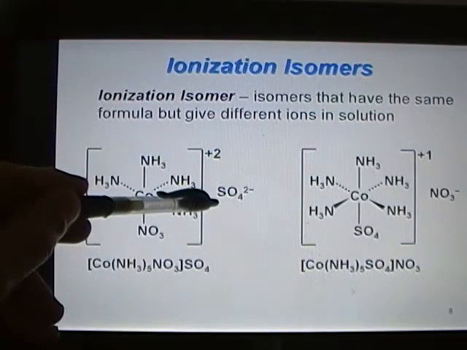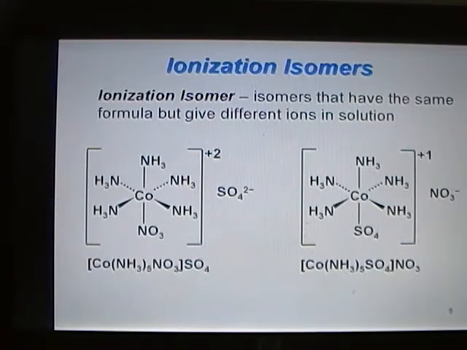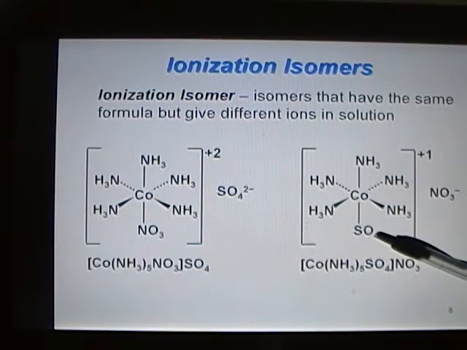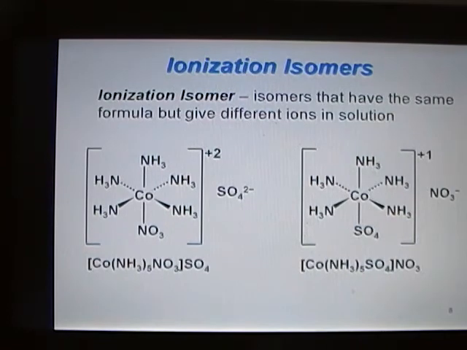The counter ion is SO4 2 minus. In the other example, SO4 now becomes part of the coordination to cobalt, whereas NO3 is outside of the coordination sphere. The compounds have different properties because they have different ligands bonding to the cobalt.